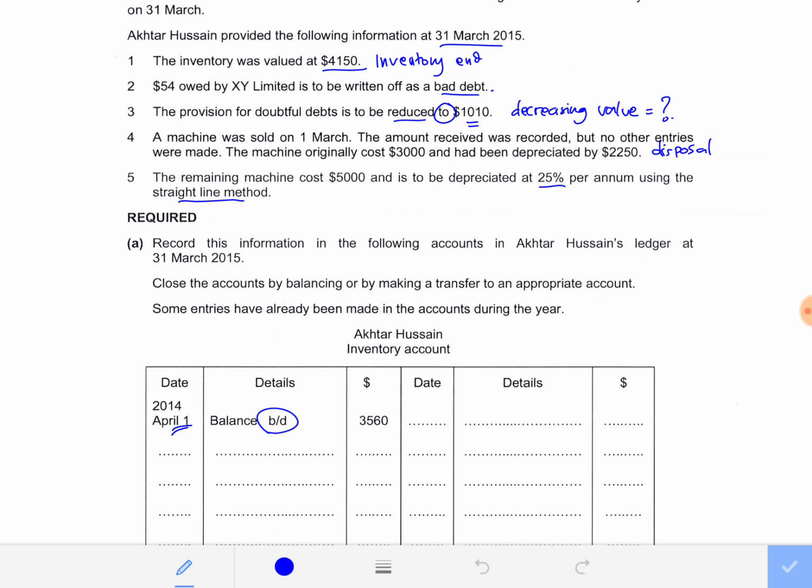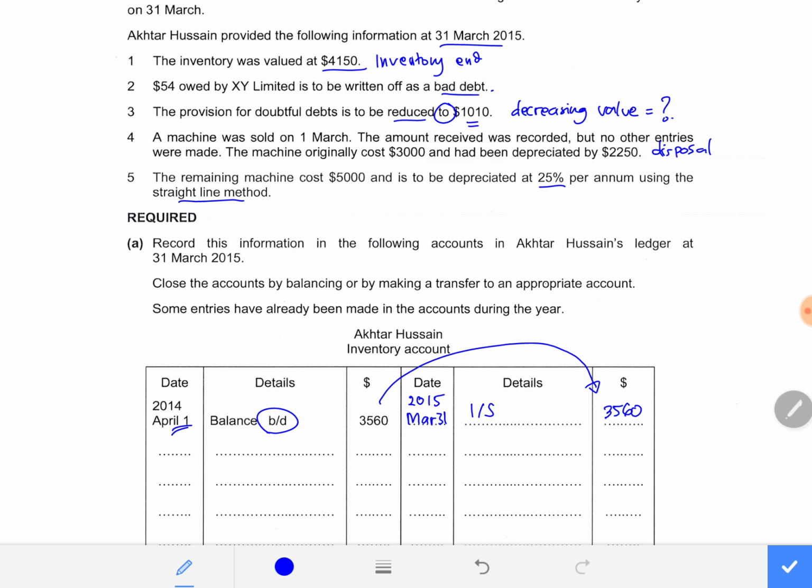First, we have to close this balance BD to income statement, because opening inventory will be transferred to income statement. Date, the end of the accounting period, which is March 31st of 2015. You put IS, and then the amount is the same as BD, 3,560.